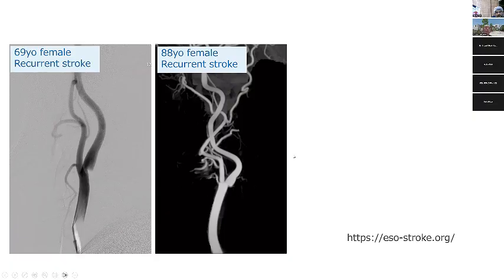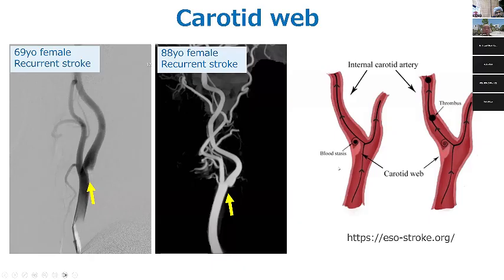So it may be a cause, but it is not severe, and these patients are fully medicated, but they still have recurrent stroke. And this phenomenon is one special situation. The diagnosis is the carotid web.